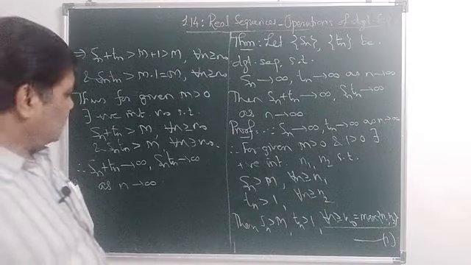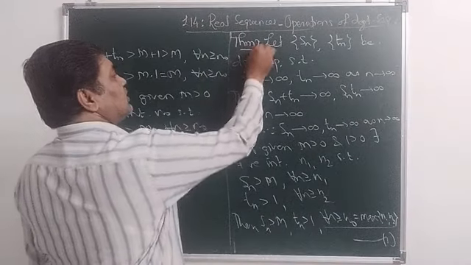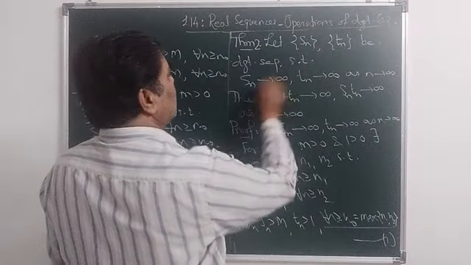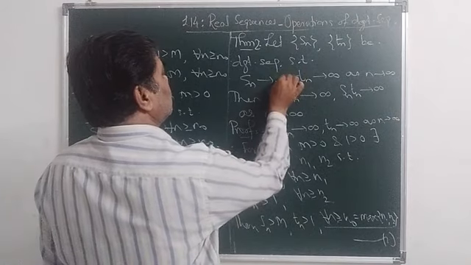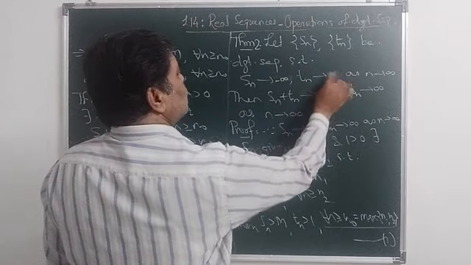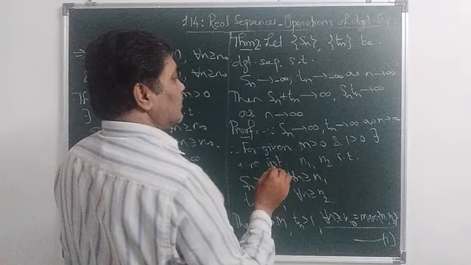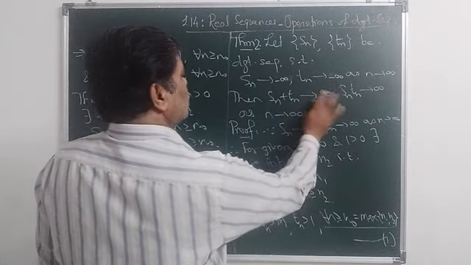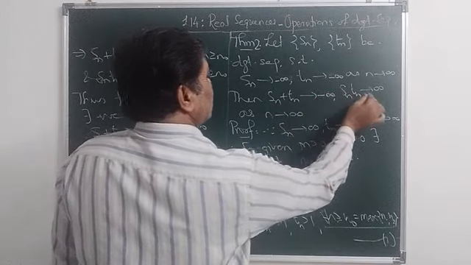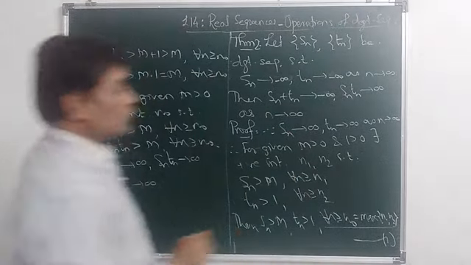So we'll take the next result as, say, theorem 2. If Sn and Tn are divergent sequences such that Sn goes to minus infinity, and Tn goes to minus infinity, then Sn plus Tn goes to minus infinity and Sn Tn goes to infinity as n tends to infinity.